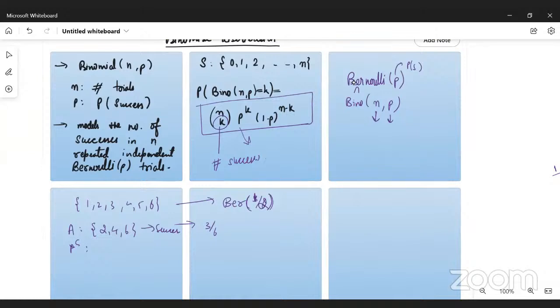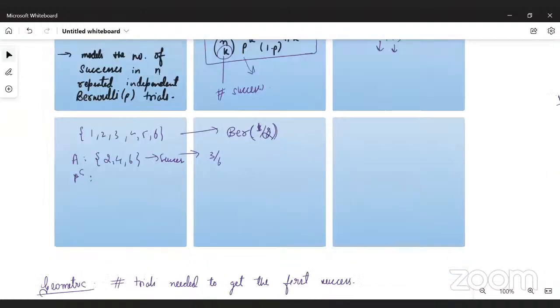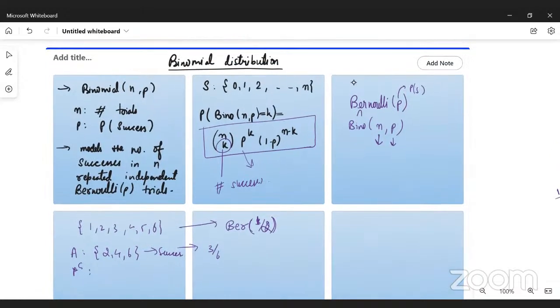Yes, this is the range of the random variable. So range and sample space are one and the same thing? Range could be different, and sample space is the total set of possible outcomes.